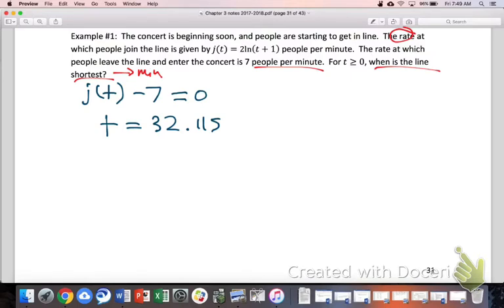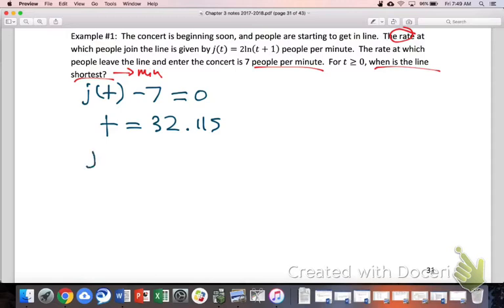So what you can do now, I know the calculator is active, and so you can simply look at that graph and say, what's the behavior of j of t minus 7? It goes from negative to positive. So again, I know you've got the calculator, I know you've got a graph right in front of you, so you can say something like this.